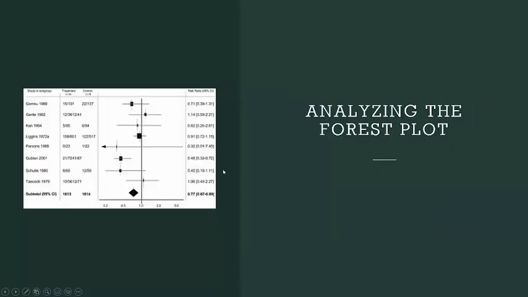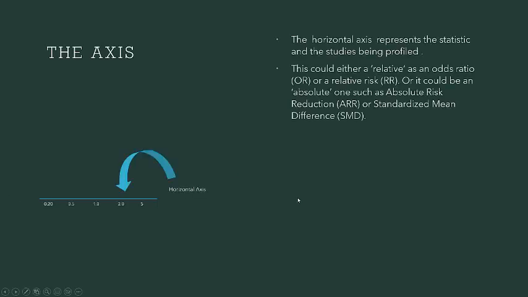Now let's analyze the forest plot. This is another forest plot just to show you that there are various forest plots available and how you can make those. First of all, let's discuss one part of the forest plot, and that is the axis. This is the horizontal axis.